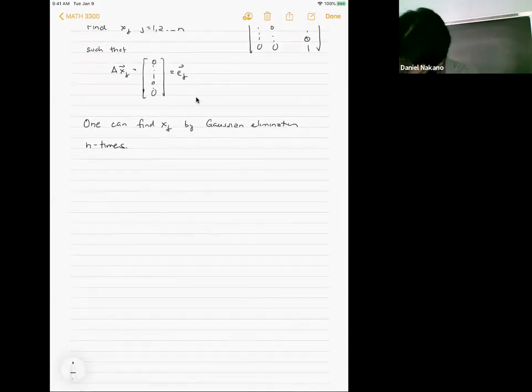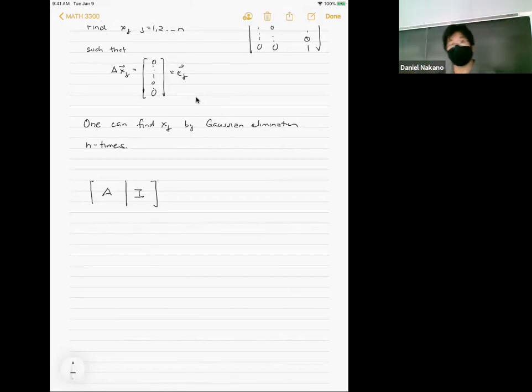Okay. So instead of just putting one of the ej's as b, we put them all in simultaneously. So we start with the matrix A here, and then you draw your little fence. And instead of putting one of the unit vectors in here, you put the entire identity matrix. Okay?